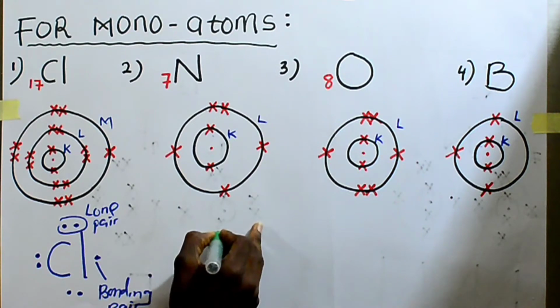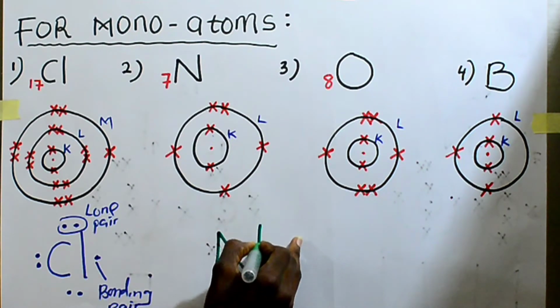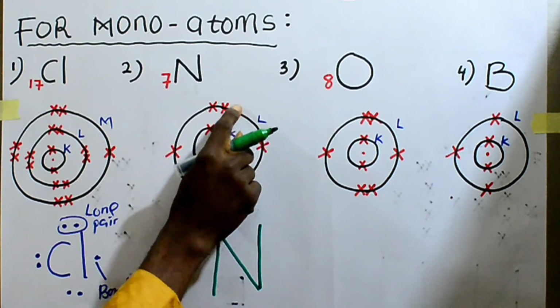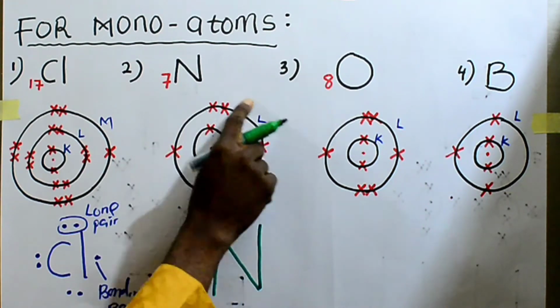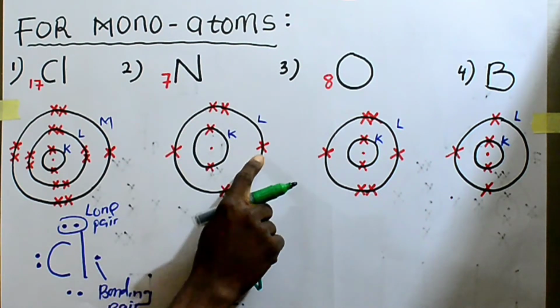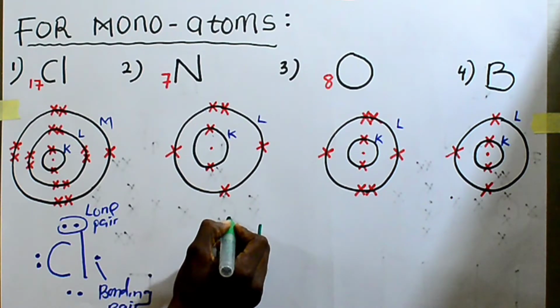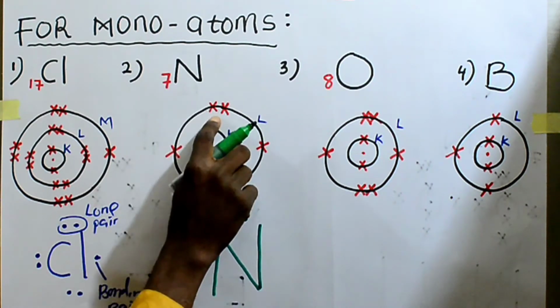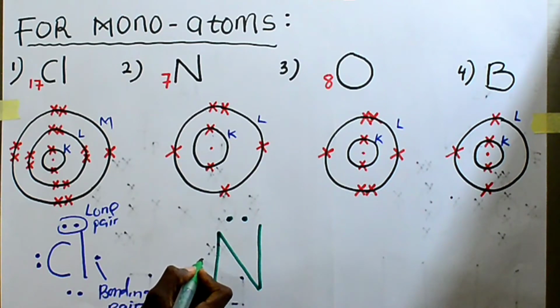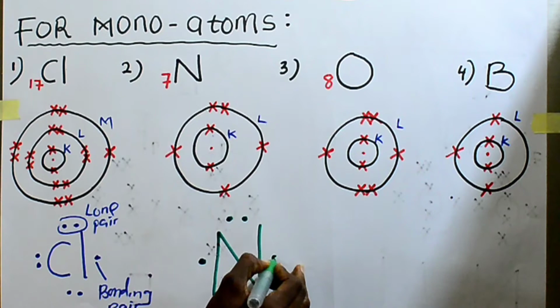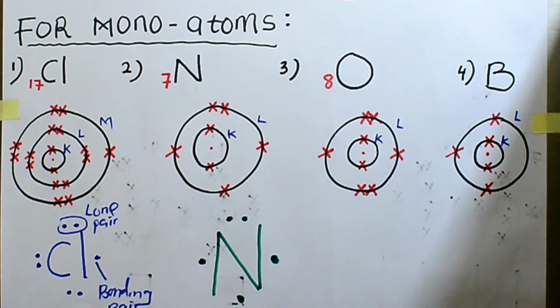Nitrogen. So we always consider the valence electrons, that is the electrons on the last shell. 1, 2. These 2 electrons, and 1 here, 1 down, and 1 at the right side. This is how to draw the Lewis dot structure of nitrogen.